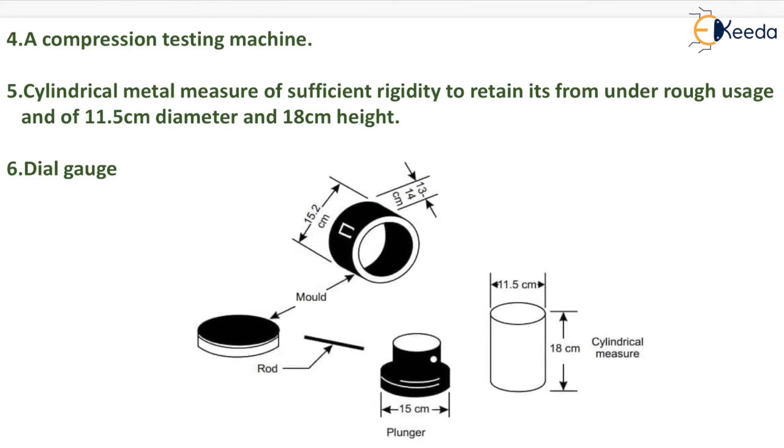Next apparatus is a compression testing machine, a cylindrical metal measure of sufficient rigidity to retain its form under rough usage and of 11.5 cm diameter and 18 cm height. And the last one is a dial gauge.